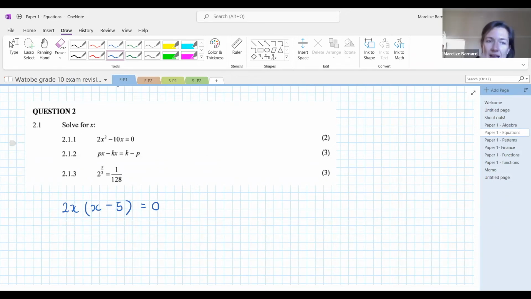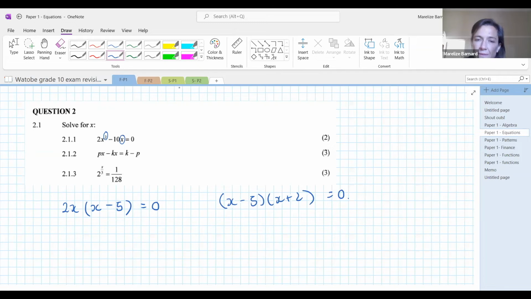Now, this is actually a quadratic equation because we've got an x squared and an x. It's just a quadratic equation without a third term. So factorizing it was the right thing to do. If we go back to another quadratic equation, which you normally have, like say you have something like this, would you know what to do there?